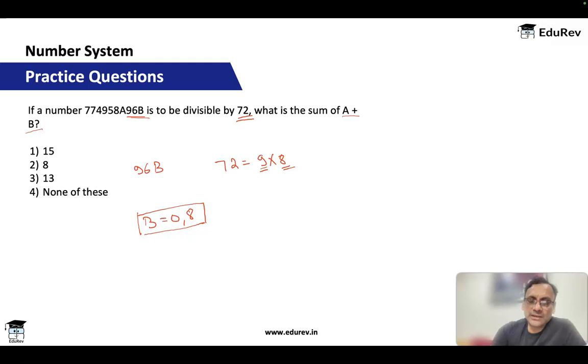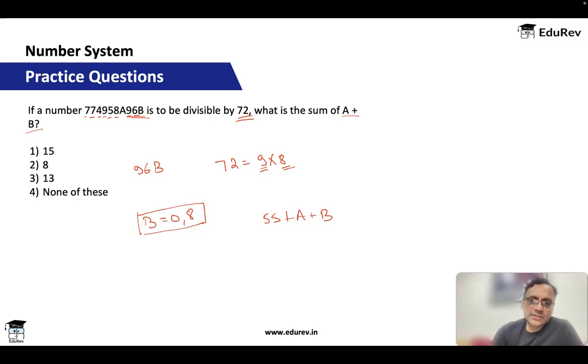Then we have the rule for 9. 9 is the sum of the digits. Let's look at the sum. 7 plus 7, 14, 14 plus 4, 18, 18 plus 9 is 27, plus 5, 32, plus 8, 40, 49, 55. So it is 55 plus a plus b. And this has to be divisible by 9.